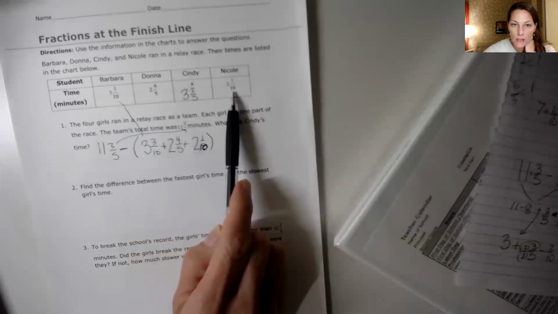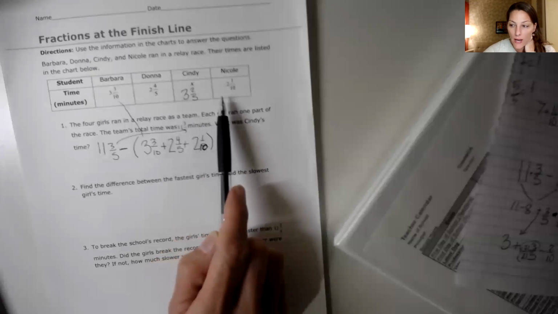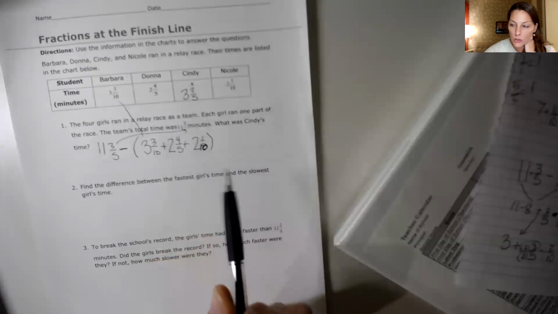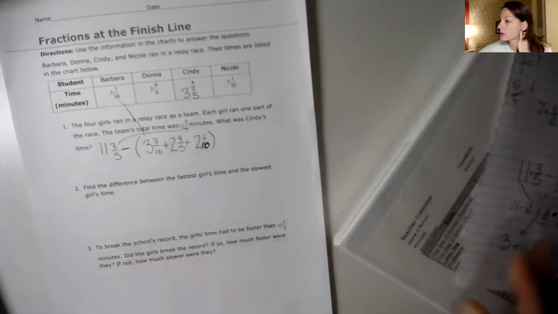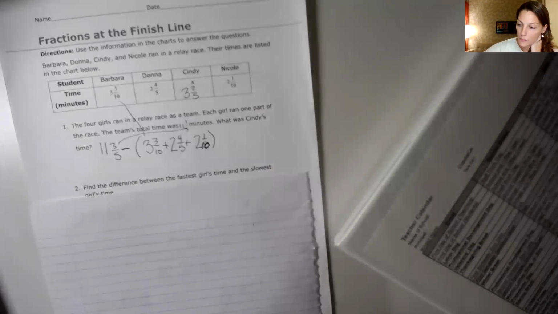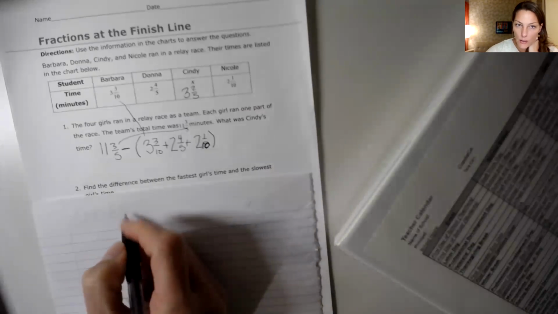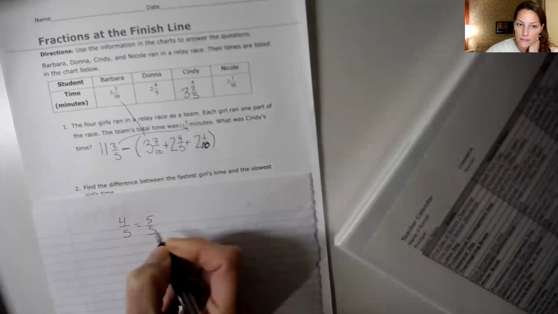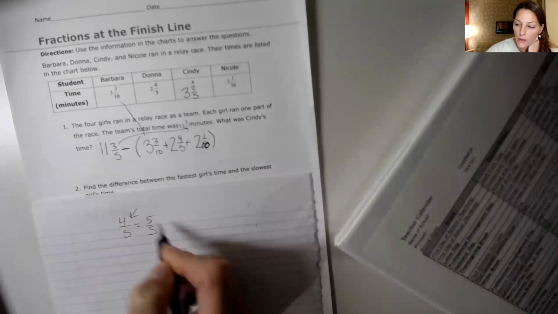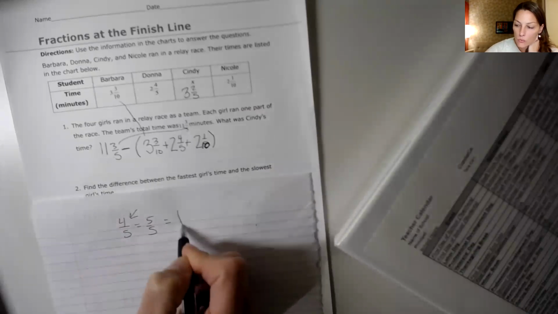We need to estimate these fractions to see which one might be faster. Let me do this on a different sheet of paper here. You don't need to write this part down if you are copying the problems. So 4/5 is close to 5/5, right? Because if I put one more there, it'll be 5/5, which is 1.